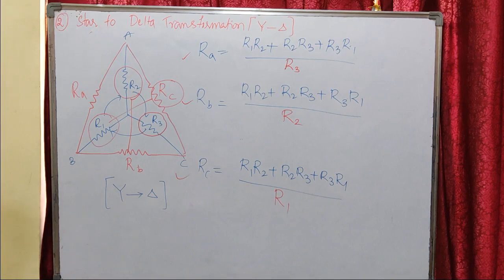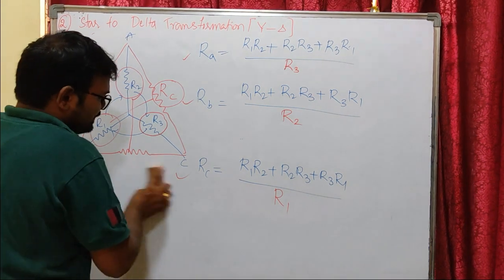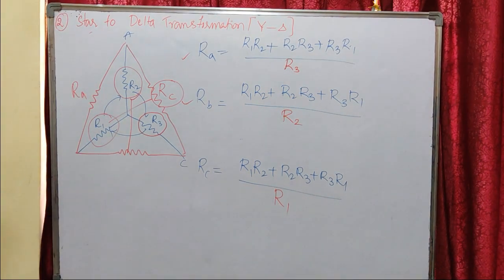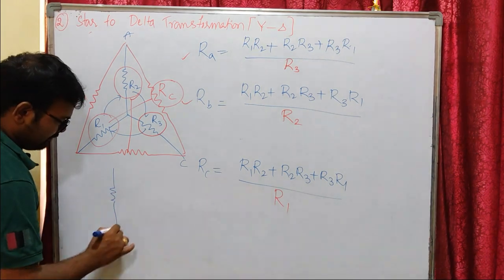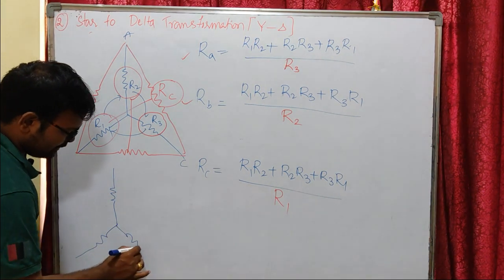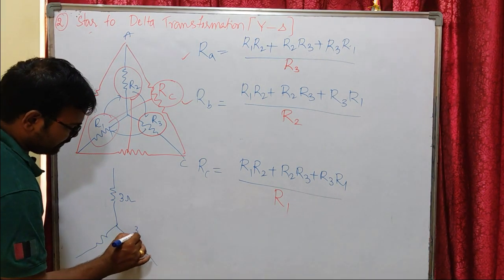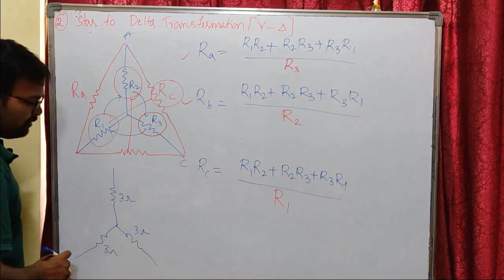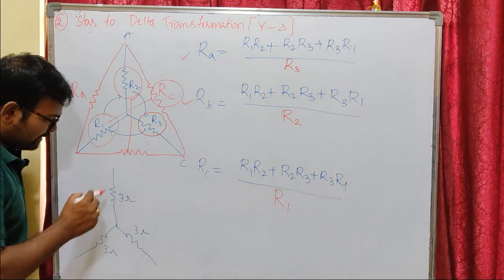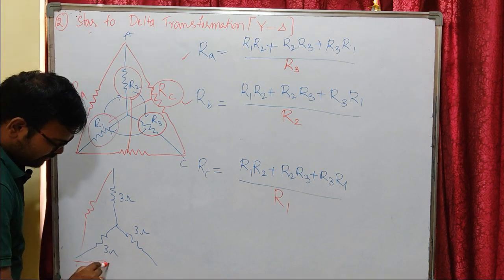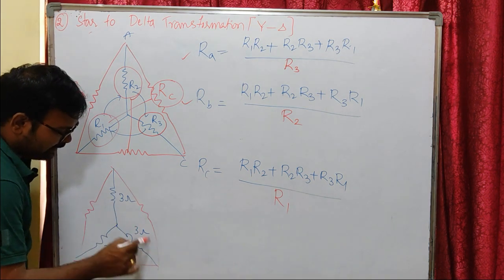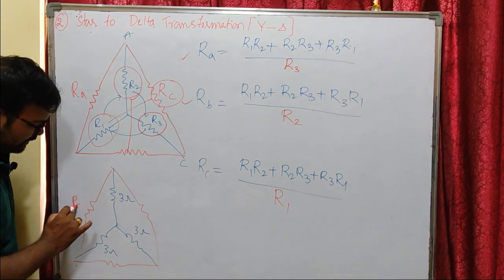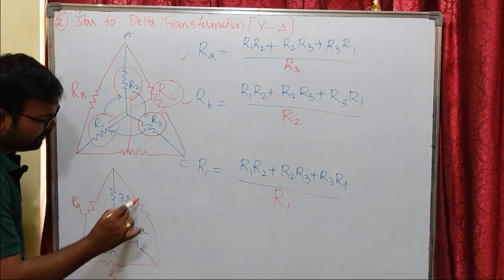Okay, so let us take one example here. Let us take the previous example itself. We have obtained 3 ohms from delta, right? So we need to re-obtain the delta which is having 9 ohms. So we are going to convert the star into delta now. That is RA here, RB here and RC.